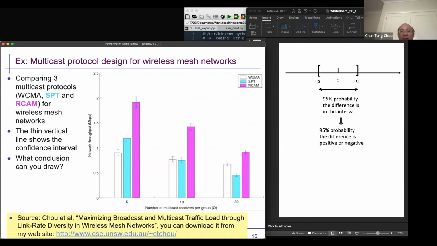You can't really tell. If you really want to say something, you may say that for some circumstances SPT is better than WCMA, but for other circumstances WCMA is better than SPT, and in some cases they are almost the same. You can't tell the difference.